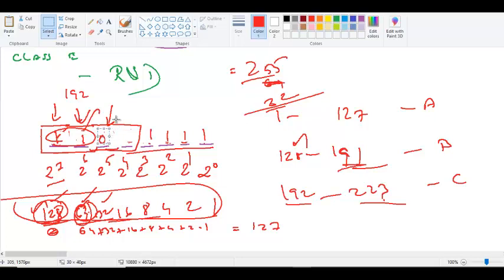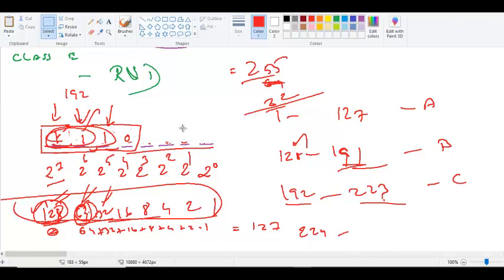Now this is the minimum. What is the value of these 3 bits? 128 plus 64 plus 32 is 224. Till what's the maximum? 255 minus 16.